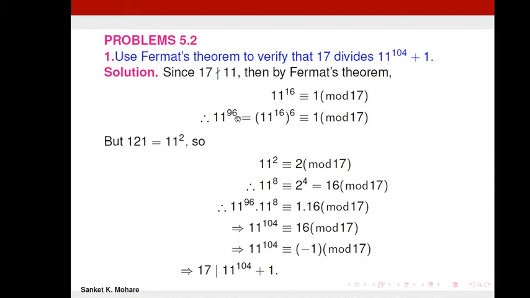Then 16 into 6 is 96. Why don't I take 7? Because 16 into 7 is greater than 104. That's why I take the number nearest to 104 in the table of 16, which is 96. So 16 into 6 is 96.